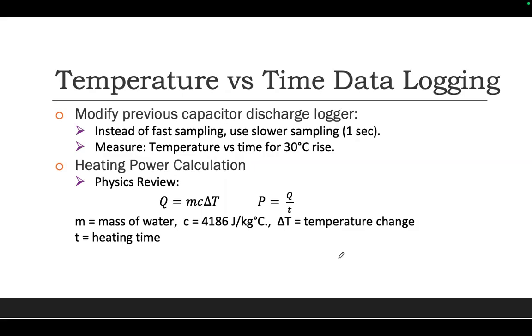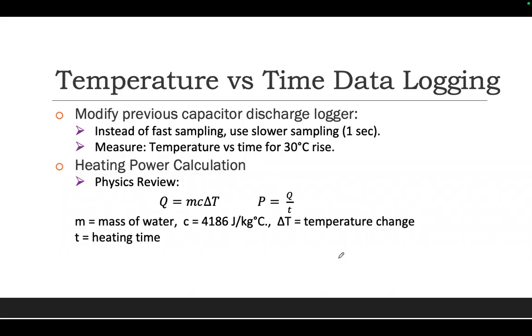When you heat water, it is very slow, while charging or discharging a capacitor is very fast. You need to use slower sampling, 1 second or 2 seconds. You can try to adjust that.